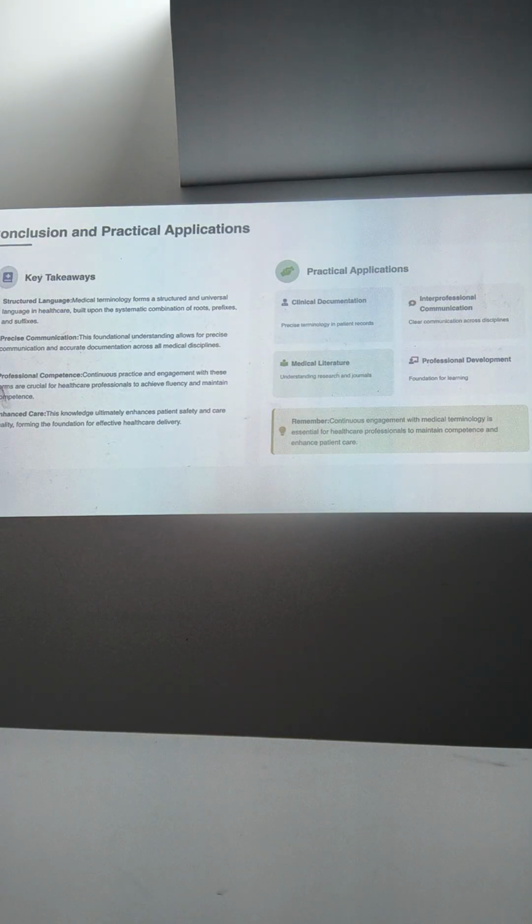It's a great thing to learn because of clinical documentation, communication, medical literature, and professional development. So that's the end of the start of medical terminology.